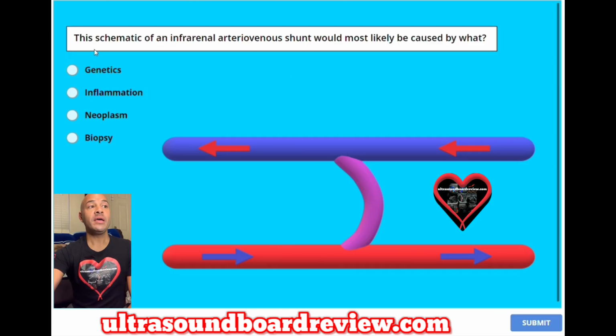Question 143. This schematic of an infrarenal arteriovenous shunt would most likely be caused by what? A, genetics, B, inflammation, C, neoplasm, or D, biopsy?